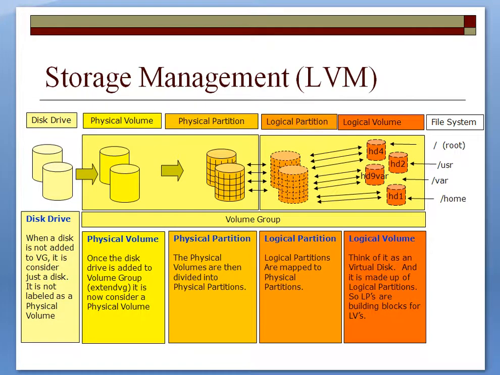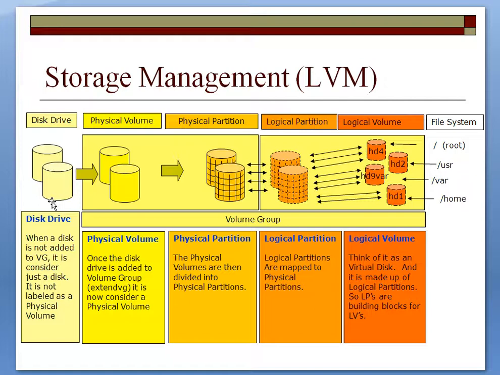This is something I put together to help admins better understand volume groups and storage management in AIX. Okay, so the first part, in the light yellow, you have two pairs of disks. When you're considering them outside of a volume group, they're just regular disks.